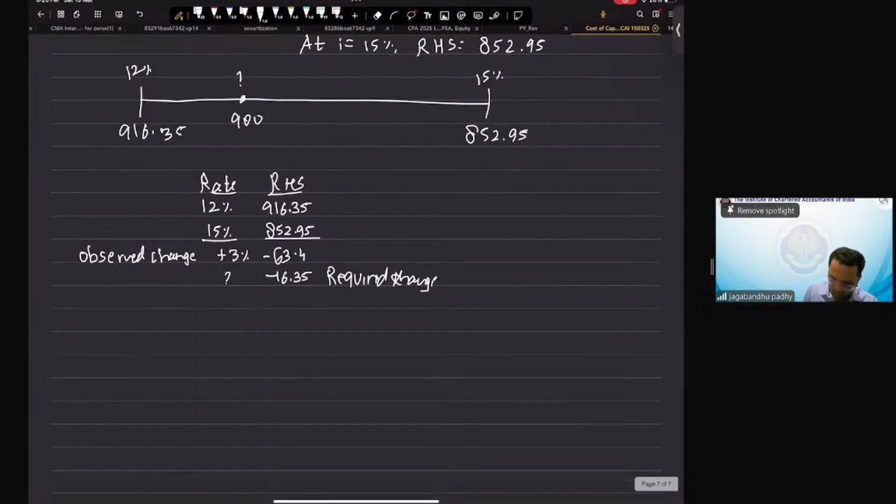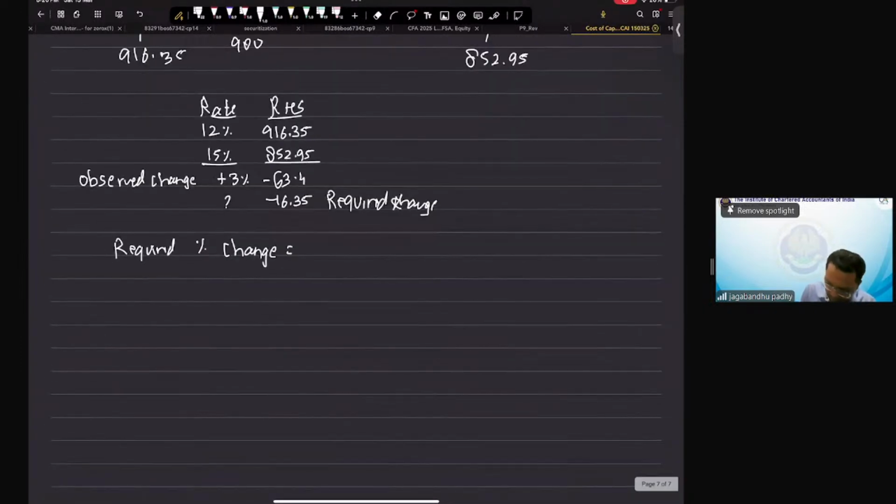Right? So what is the required percentage change then? Required percentage change will be 16.35 into 3 divided by 63.4, which is 0.77.